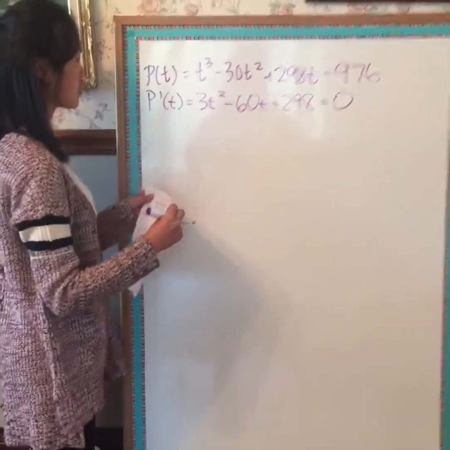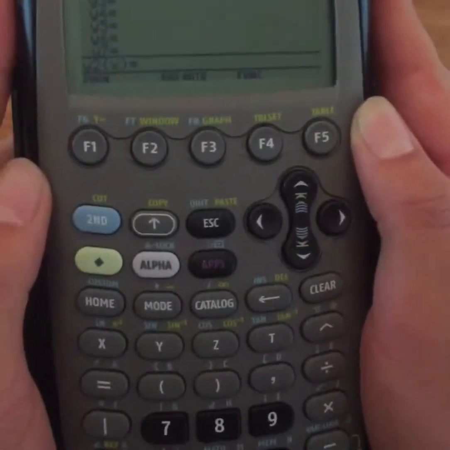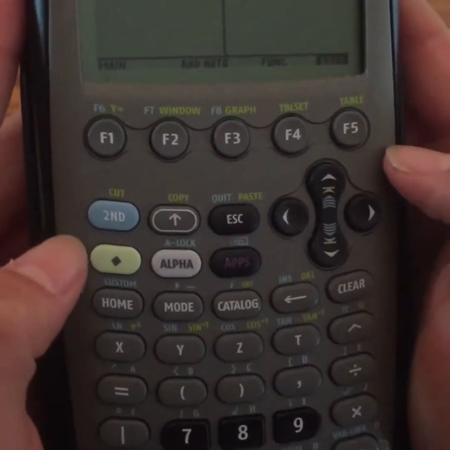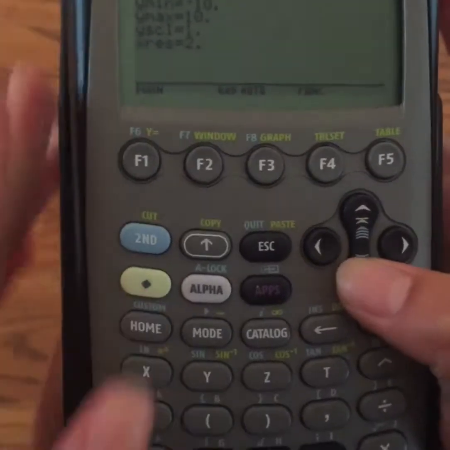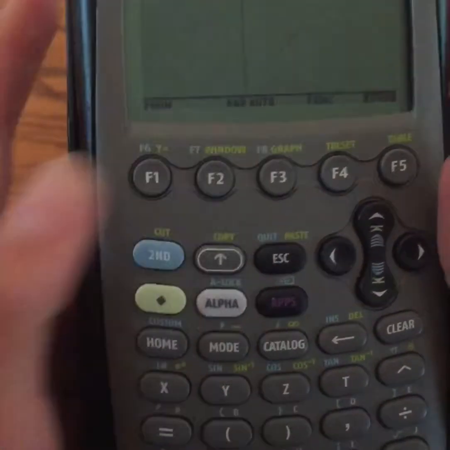So then you would set this equal to 0 to find any critical numbers. I decided to do this on the calculator instead of by hand. So I plugged the p prime function into my calculator and then I graphed it. And then I noticed that the graph went off of my window, so I decided to extend my x to 15 instead of 10.